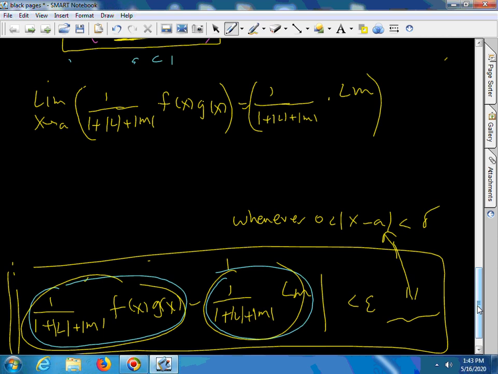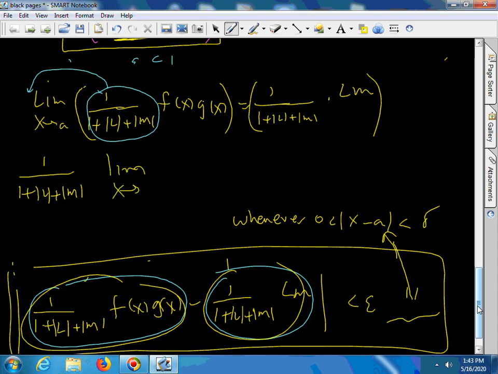Okay? But now, this right here is a constant. I can move it out in front. That is 1 over 1 plus the absolute value of L plus the absolute value of M times the limit as x goes to a of f of x g of x is equal to 1 over 1 plus the absolute value of L plus the absolute value of M times LM.